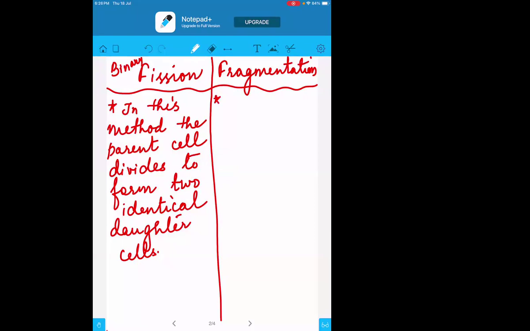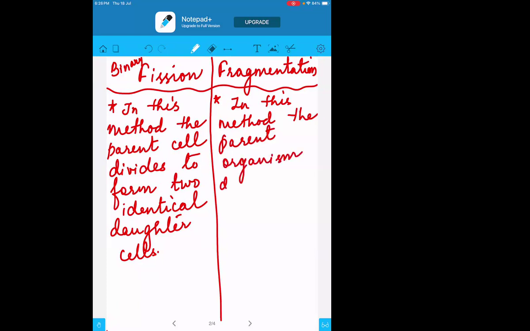Whereas in the fragmentation, in this method, the parent organism divides into two or more fragments.